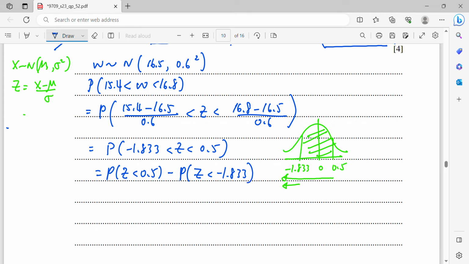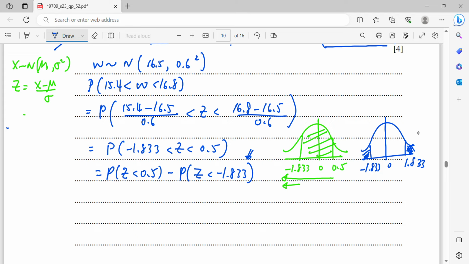Then I have to figure out how to find the probability of Z less than negative 1.833, because from the normal table you will be given P(Z < positive value). So now I have to redraw another graph to show the negative region. This negative region, negative 1.833, can be reflected to positive 1.833 about the line 0, because 0 is a symmetrical line.